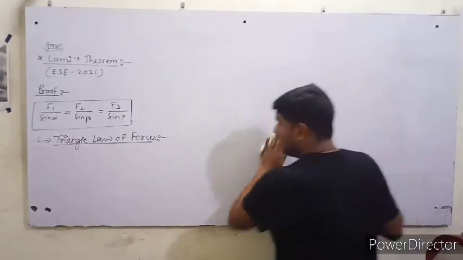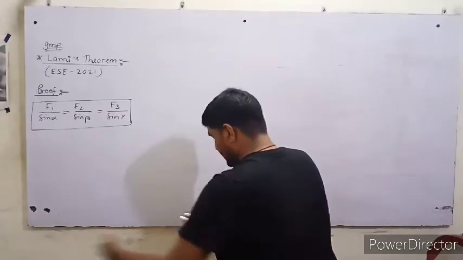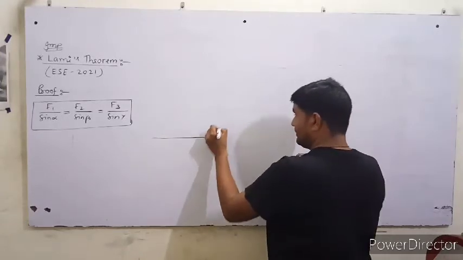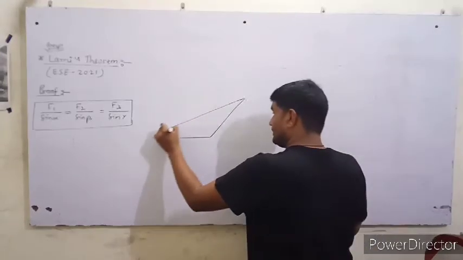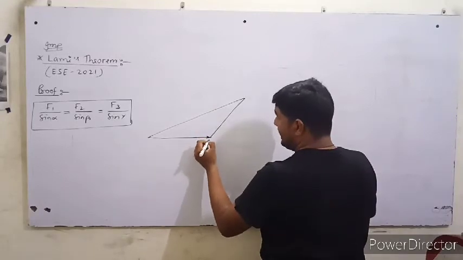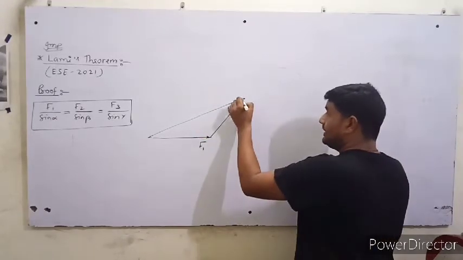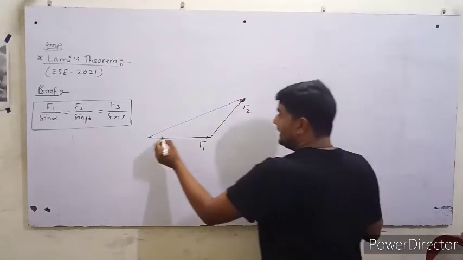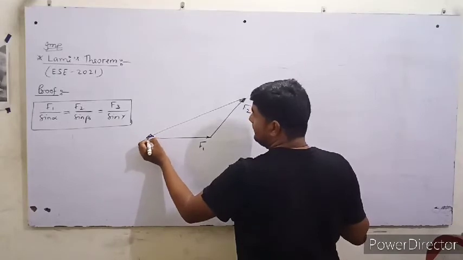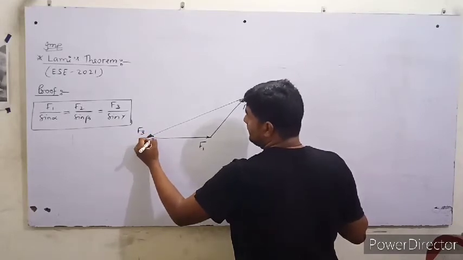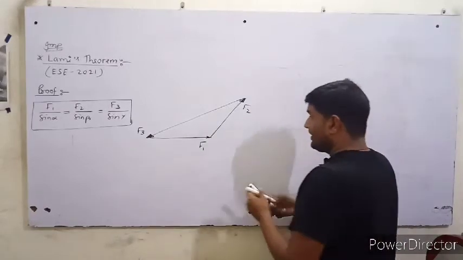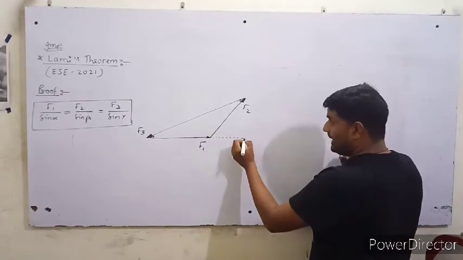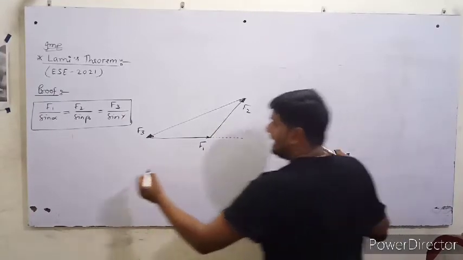Students, suppose this side is representing force F1, this side is representing force F2, and this side is representing force F3. If I extend this force on the same line of action, what was the angle?